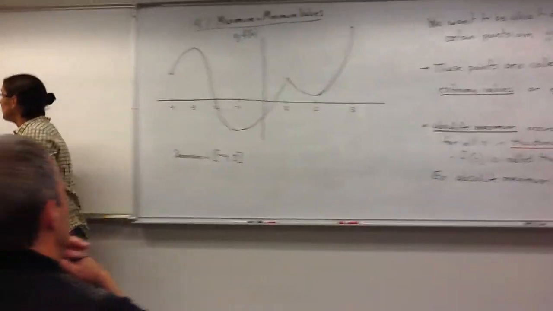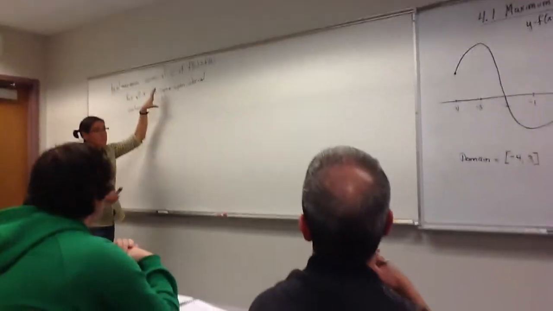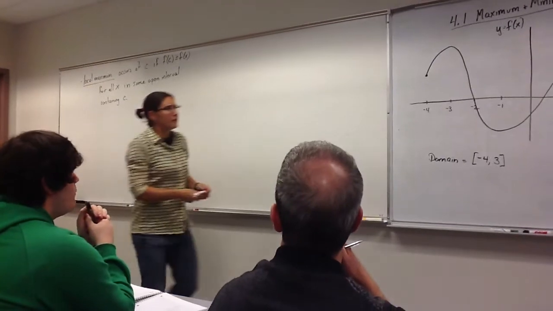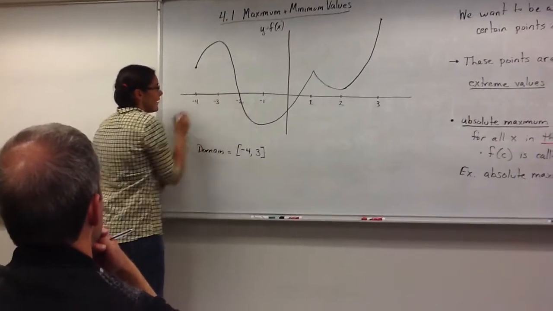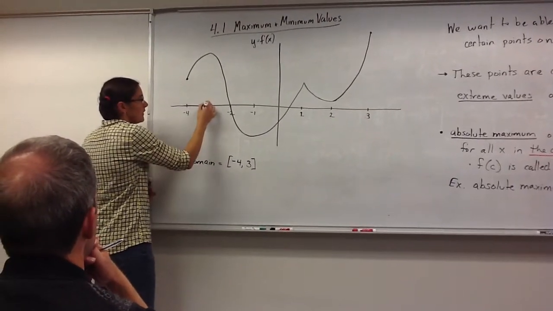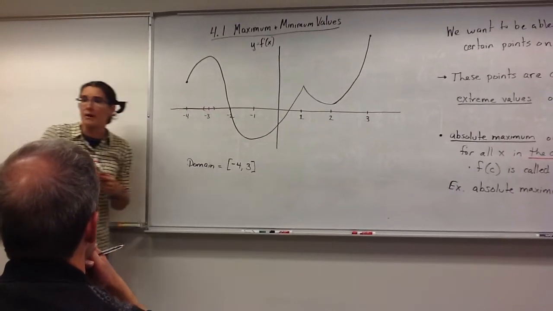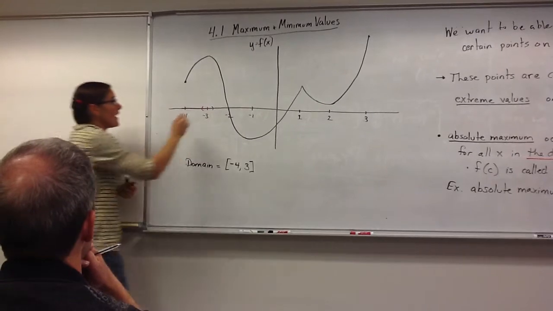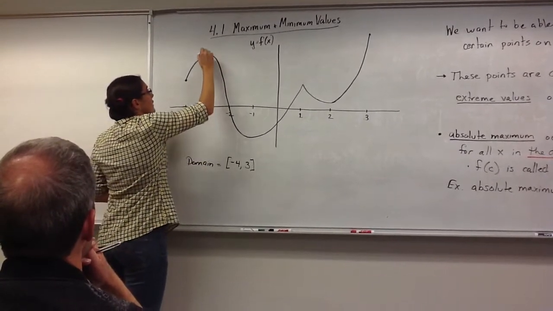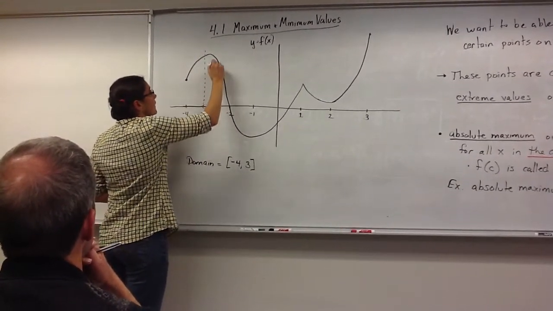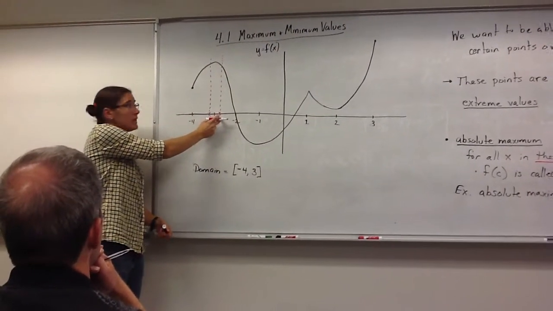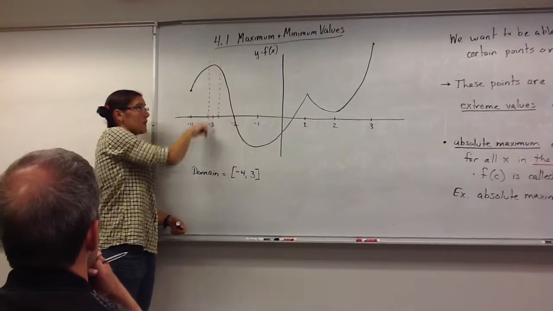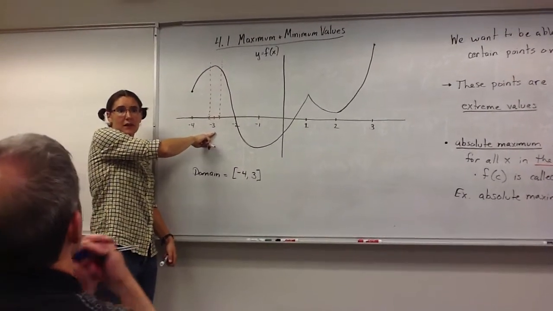A local maximum says that as long as there's a little window, for example, at x equals -3, if I draw a little interval around there and look at just that interval, then within that little neighborhood around x equals -3, the highest point on the function occurs at x equals -3.